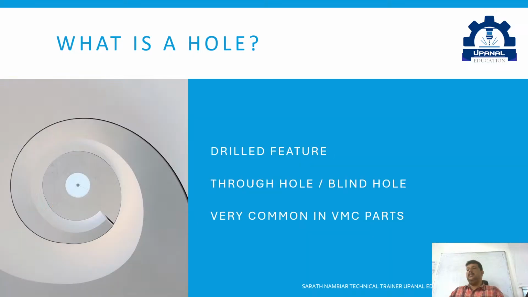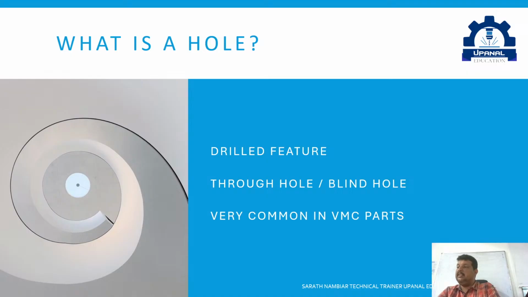Next, what is a hole? Hole is another common feature. Most common feature. Hole is everywhere. There are different types actually. We have a through hole that goes completely through the part, and we have a blind hole that stops at some depth. Now, why is this important?